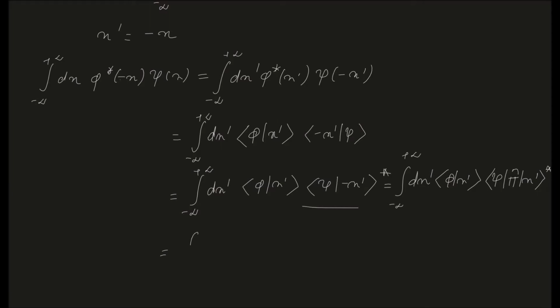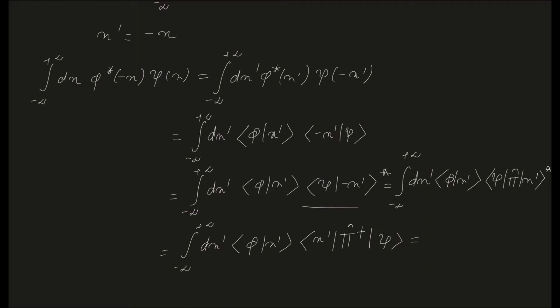So this is the integral from minus infinity to plus infinity dx′ ⟨φ|x′⟩, and this last thing can be written as ⟨x′|, again reversing this order, considering the complex conjugate, the adjoint of the parity operator acting on ψ.